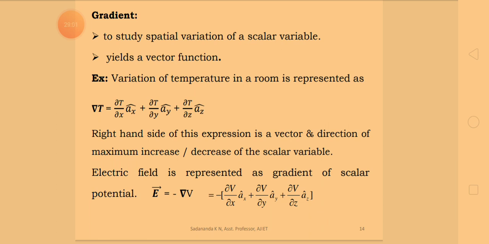So dou by dou x of T into Ax cap means the x component and the unit vector. Similarly, the y component and unit vector, and the z component and unit vector, will give rise to a vector function. That's what I said, it's quite interesting. So the gradient of a scalar will yield a vector. These unit vectors give the information about the direction of those particular components.